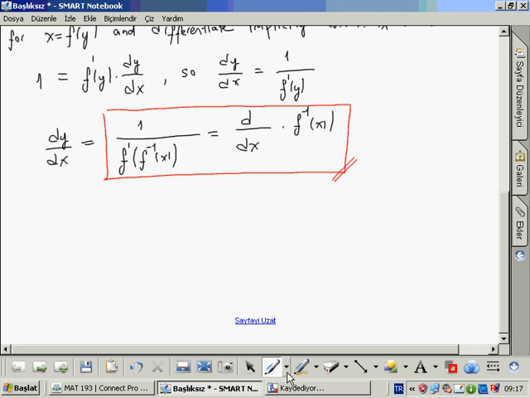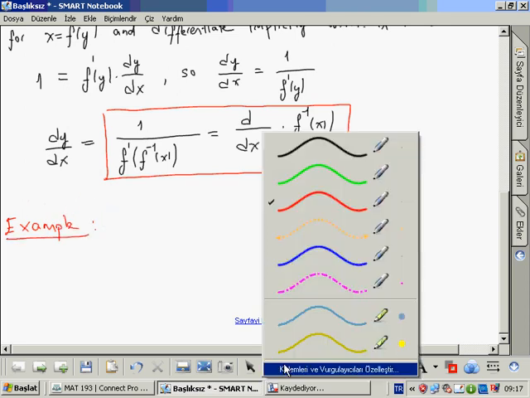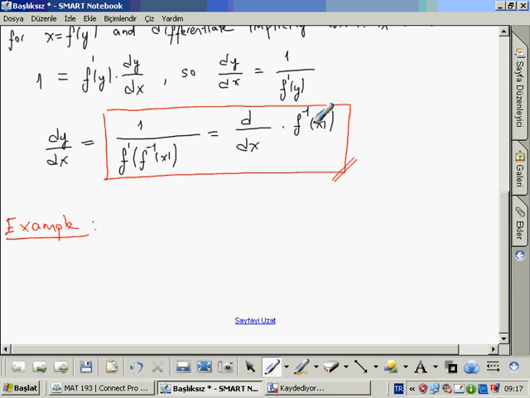And let me write an example to understand this derivation clearly.